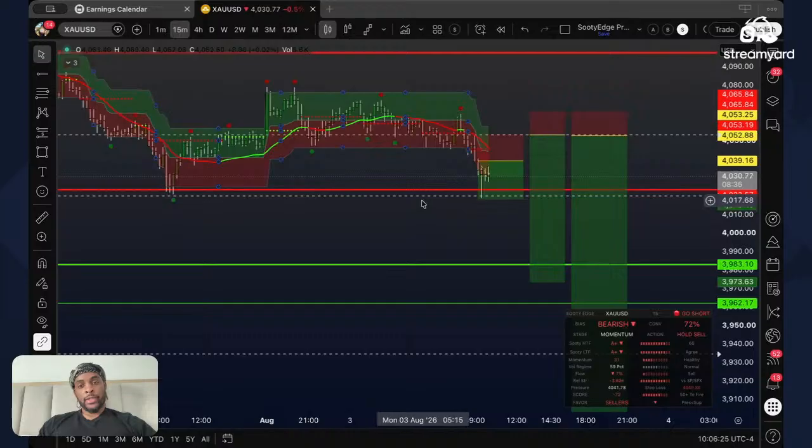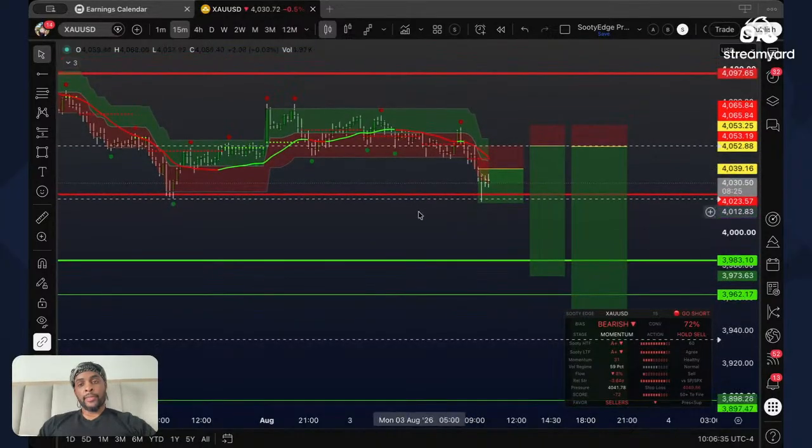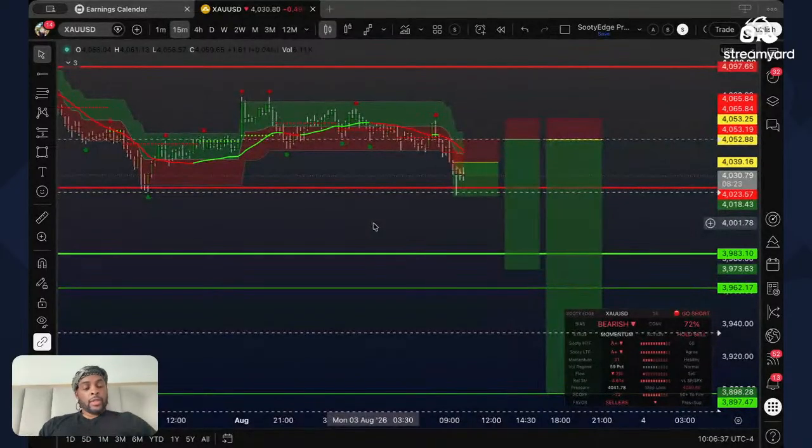But once we get the candle closure below this low right here, they're going to close below here, pull all the way back to this area, and then they're going to dump it. I've just seen this happen too many times before.